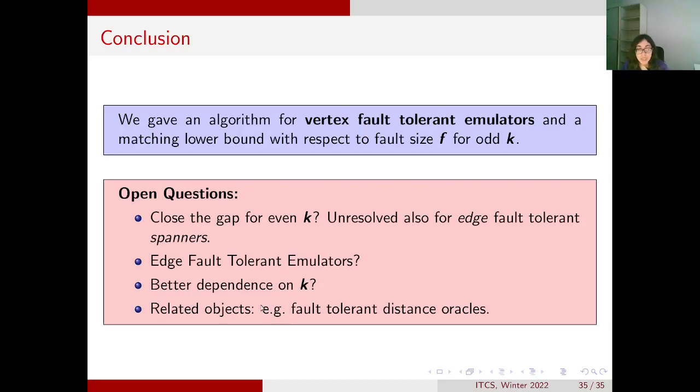And finally, what can we do for other related objects? Can we use similar ideas to construct, say, fault-tolerant distance oracles or other related objects?